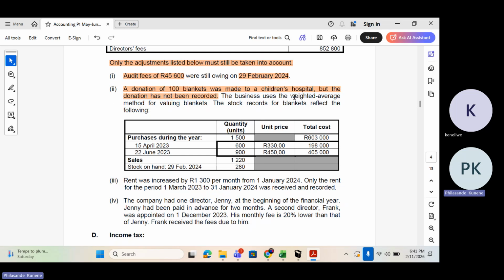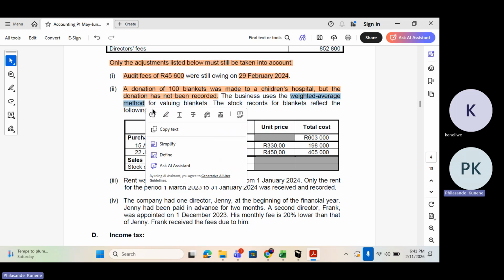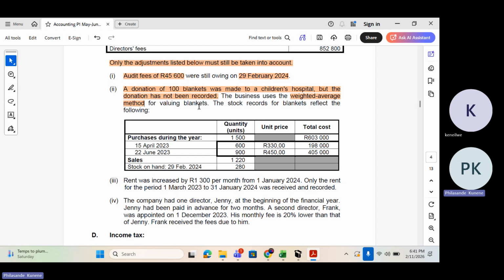The business uses the weighted average method for valuing blankets, that is the inventory valuation method. The stock records for blankets reflect the following: the quantity, unit price, and total cost. Purchases during the year were 1,500 units, which is 600 plus 900, and the total cost is 603,000, which is 198,000 plus 405,000 rands.